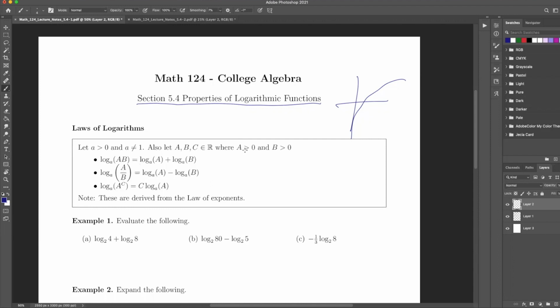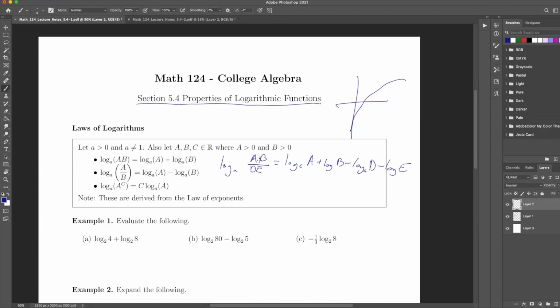One of the things you can do, and we'll just write it here, is log base a of A times B over D times E. You can write this as log of A plus log of B minus log of D minus log of E. And what do I mean by that?